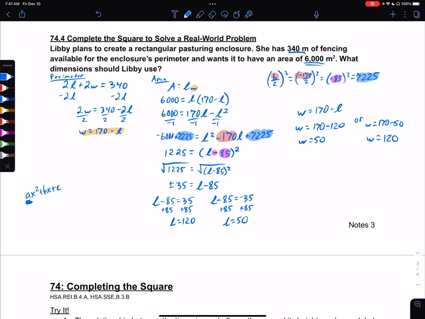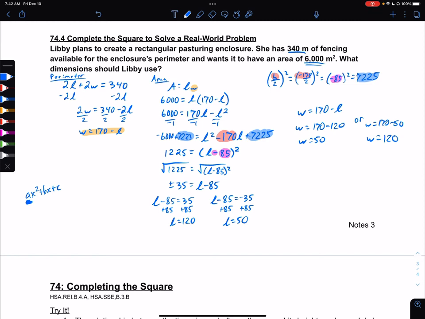Notice that they're just the opposites of each other. Either we have length of 120 and width of 50, or length of 50 and width of 120. It doesn't really matter whether we consider the 120 our length or width. They wind up being the same thing.